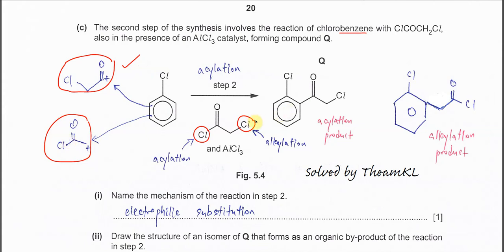Okay, so for this figure 5.4, the product that forms is Q, and this one is obviously the acylation product, a reaction between the chlorobenzene and this acylium ion to form Q. And of course, if you form the other product, the alkylation product, this electrophile will also react with chlorobenzene and form this alkylation product.